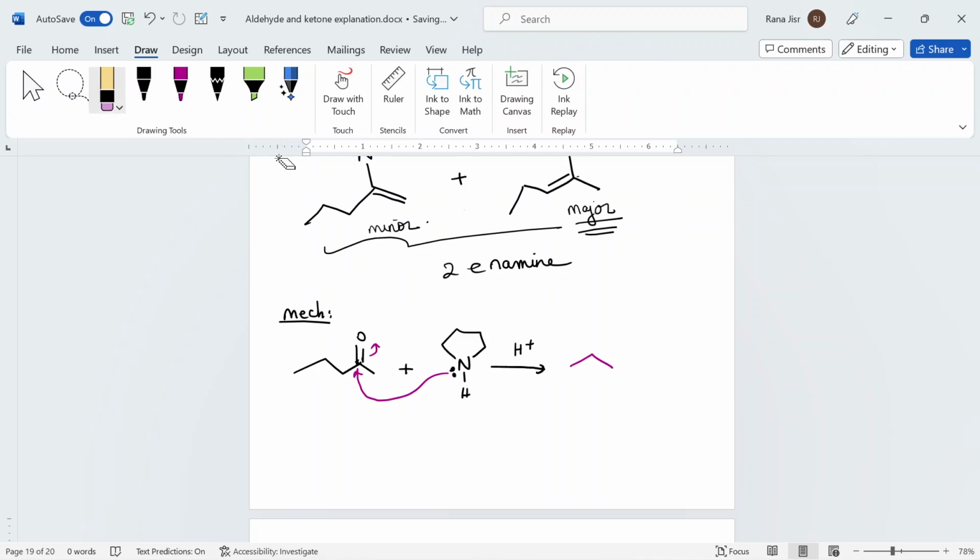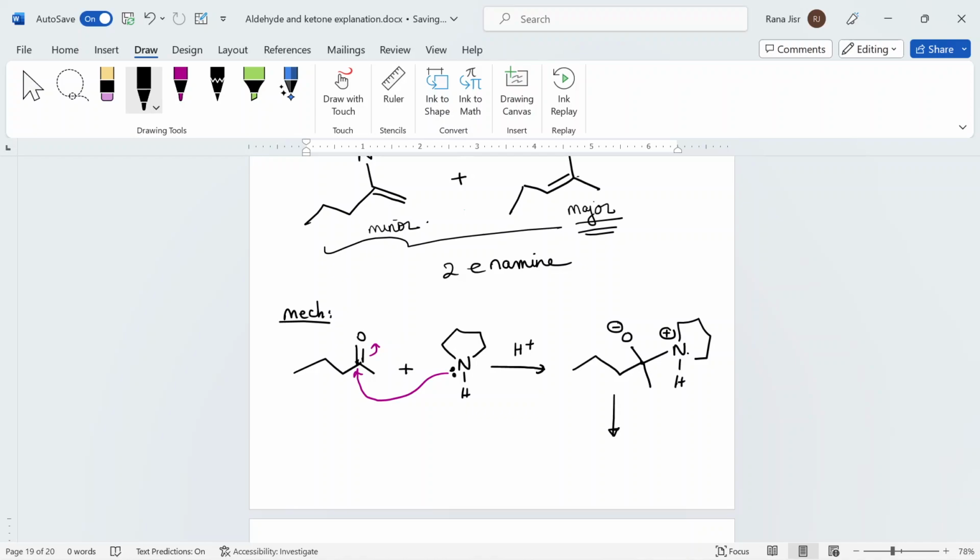So you will end up forming the addition of the nitrogen to the carbon in there together with its R's. There you go. So I would have a hydrogen over here with a plus charge and a CH3.